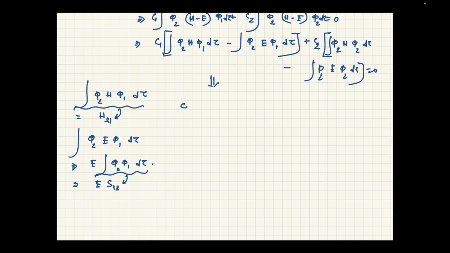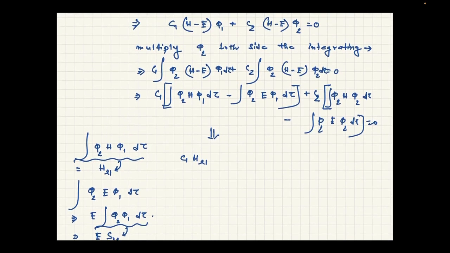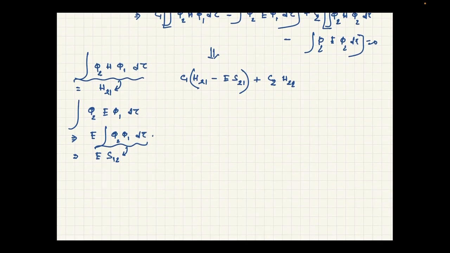So from this you will get C1 (H21 minus E S21) plus C2 (H22 minus ...). Then the integral of phi 1 phi 1 d tau equals the integral of phi 2 phi 2 d tau, so S11 equals S22, which equals 1.